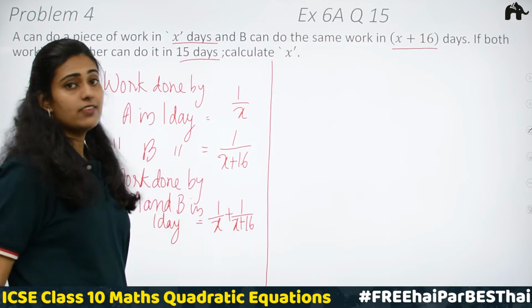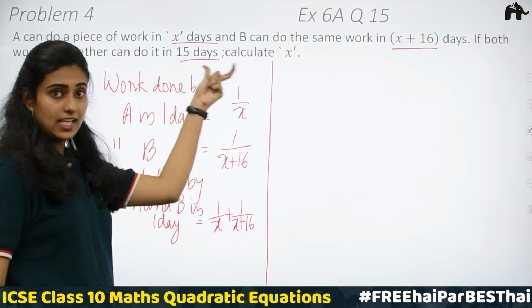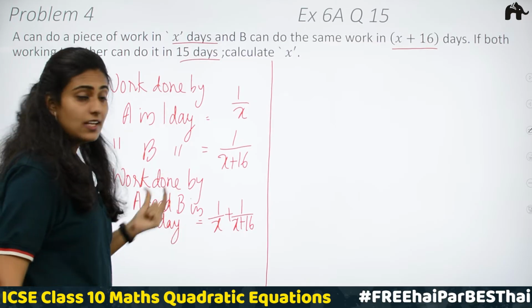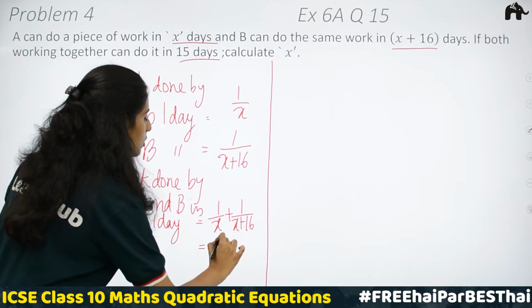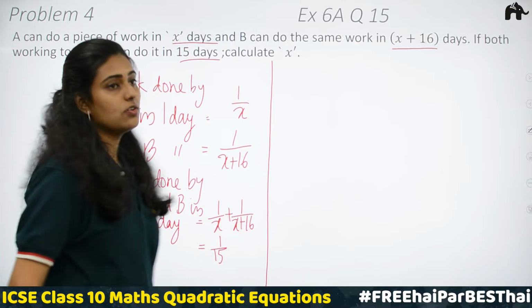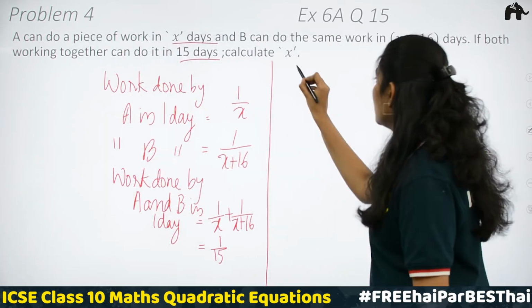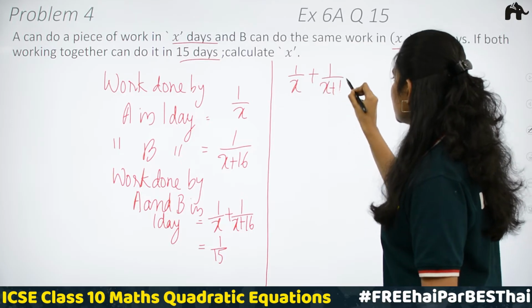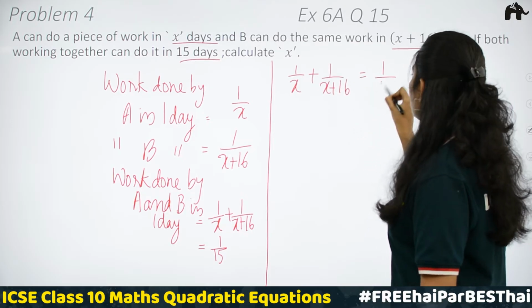It is also given that they are taking 15 days, which means the work done by A and B together in 1 day will also be equal to 1 by 15. Now, we can equate this. 1 by x plus 1 by x plus 16 will be equal to 1 by 15.